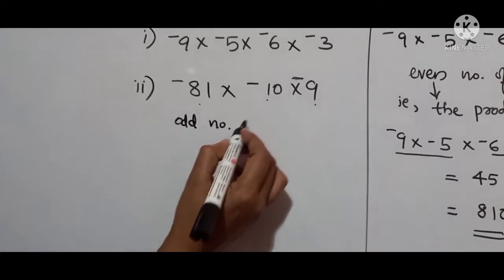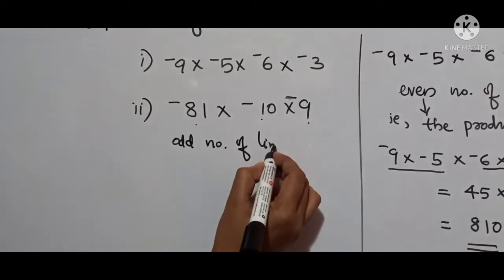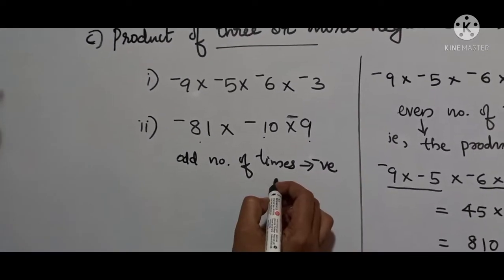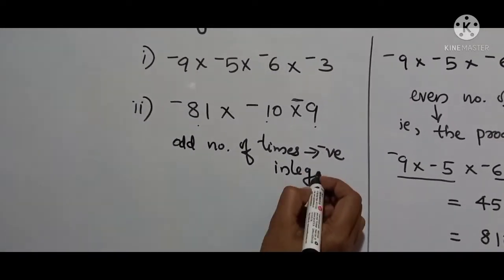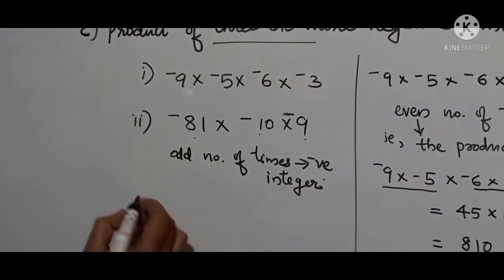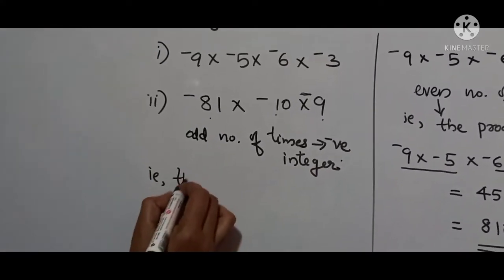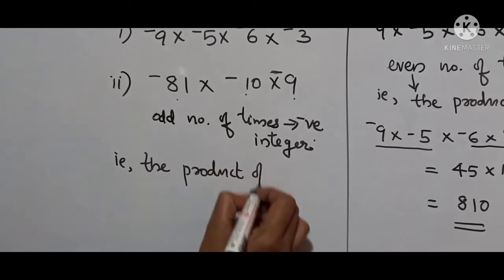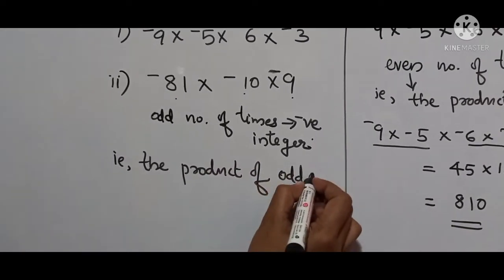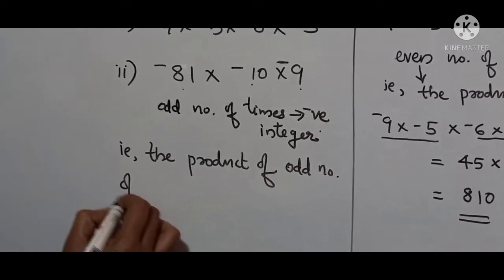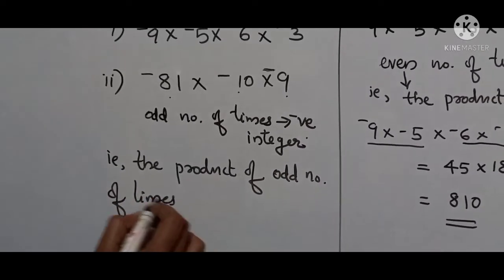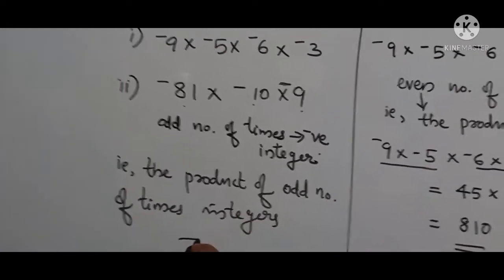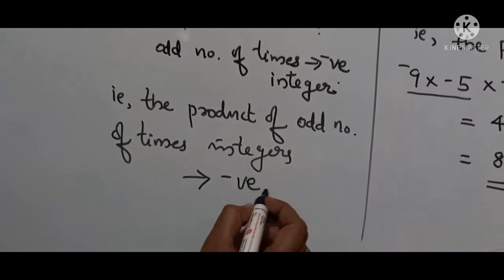The product of an odd number of negative integers is always negative.